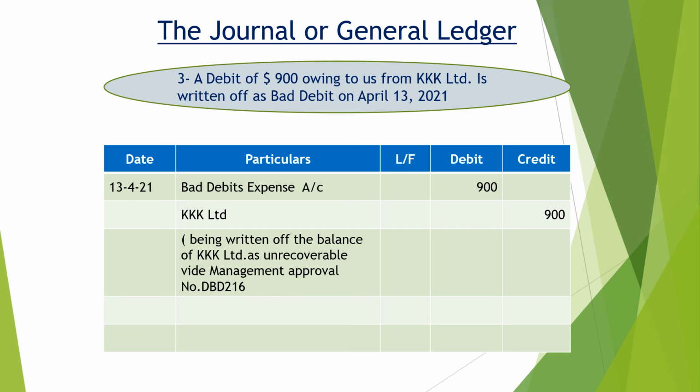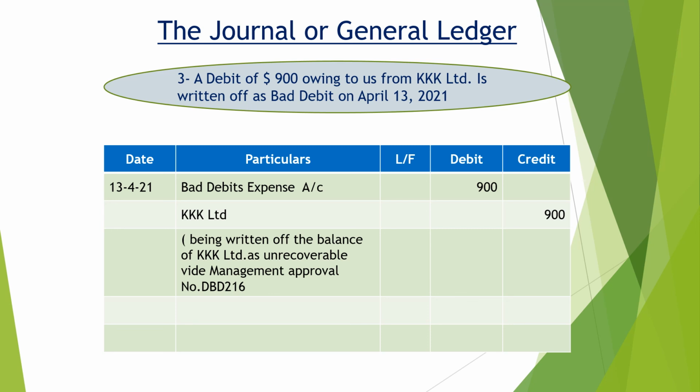So we debit the expense as an increase in expense by 900, and the debtor's account is credited because we reduce the debtor's account. Again here the asset is decreased, so KKK Limited is credited.